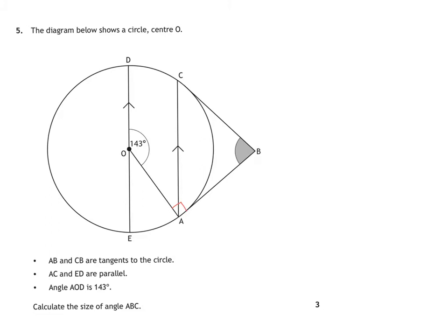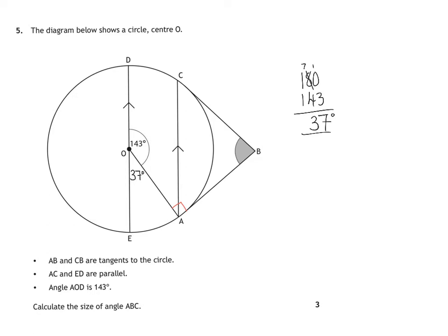So the first angle that's going to be easiest to work out is this one in here, because we have a straight line, and a straight line adds up to 180. So if we do 180 take away the 143, we get 37 degrees in here.